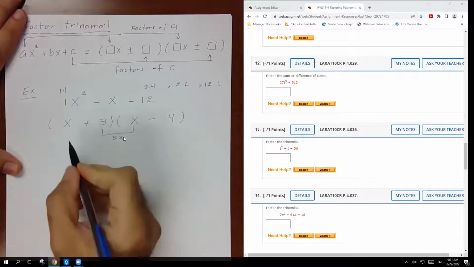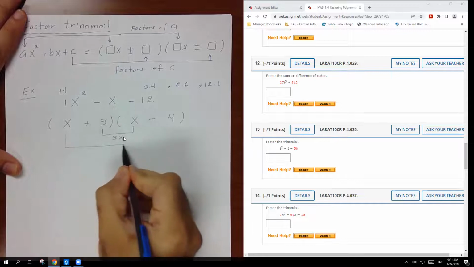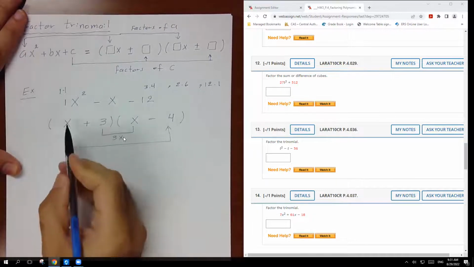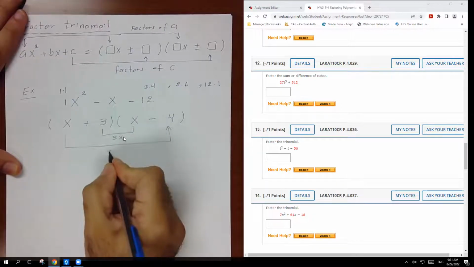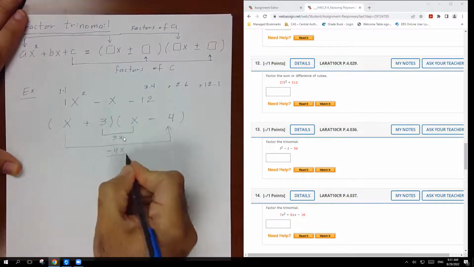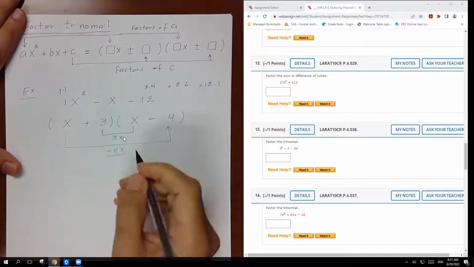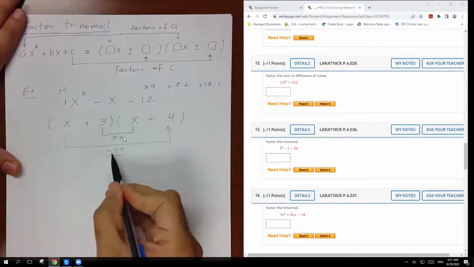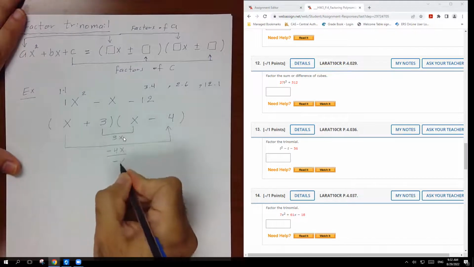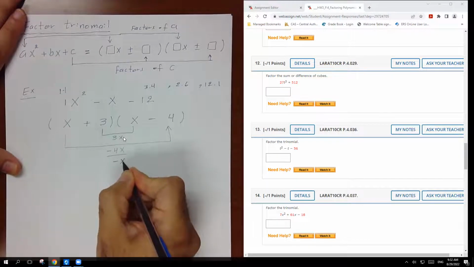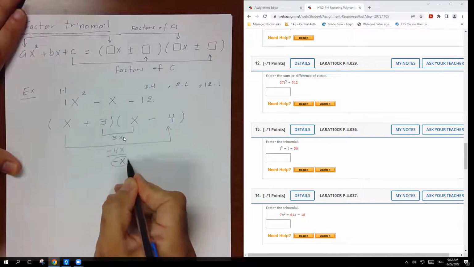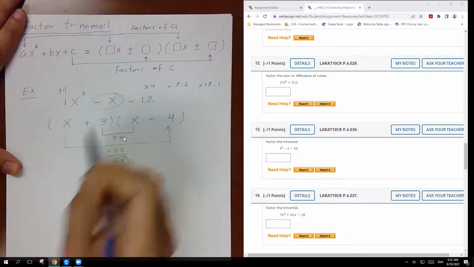And I'm going to multiply these two terms. x times 4 is going to be negative 4x. The next step, you're going to add these together. 3x minus 4x is going to be negative x.